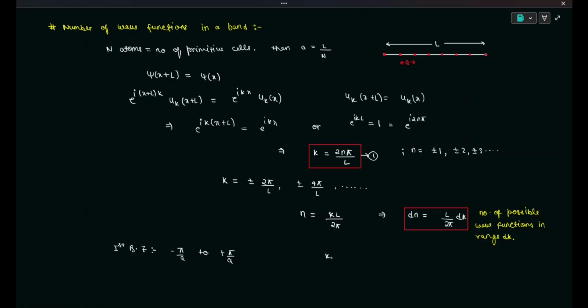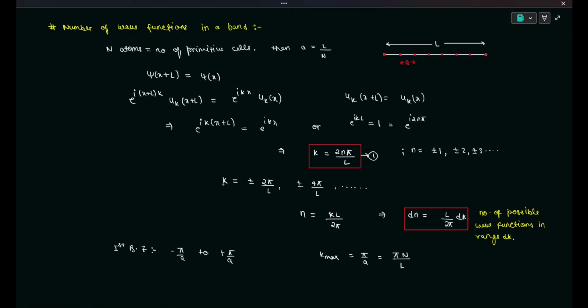The maximum value of the k wave vector in the first Brillouin zone is pi by a, and you can substitute a equal to L by n. So the maximum value of k becomes pi n divided by L.